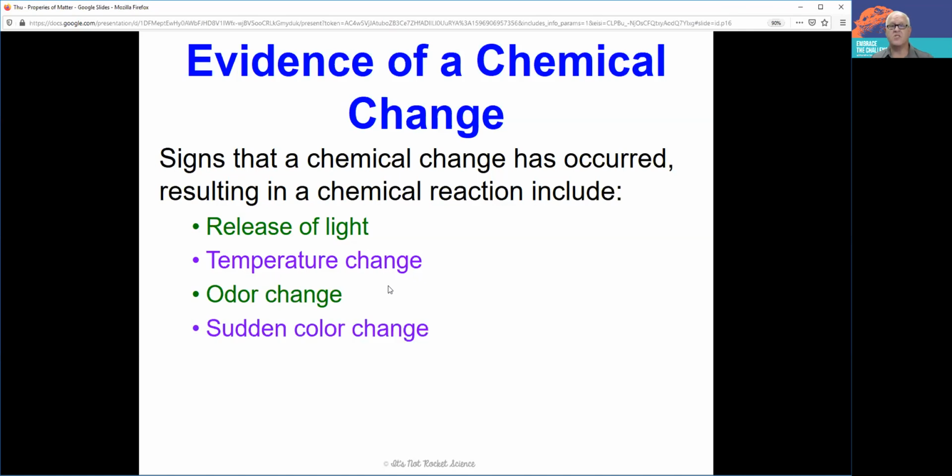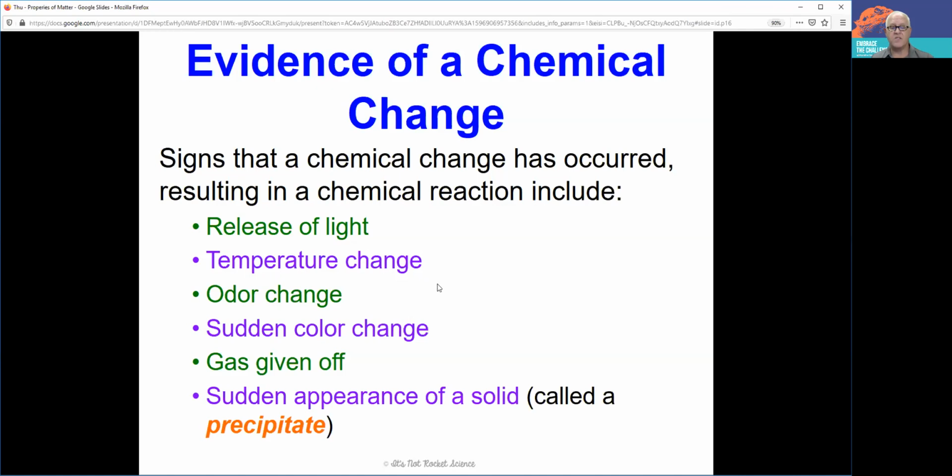There could be a sudden change of color. Gas can also be given off. And there could be the sudden appearance of a solid called a precipitate. So these are all evidences of a chemical change. Release of light, a change in temperature, a change in odor, a sudden color change, gas is given off, or the sudden appearance of a solid called a precipitate.